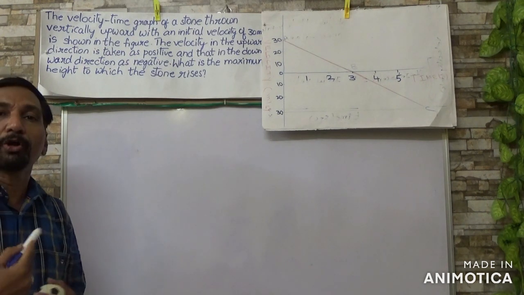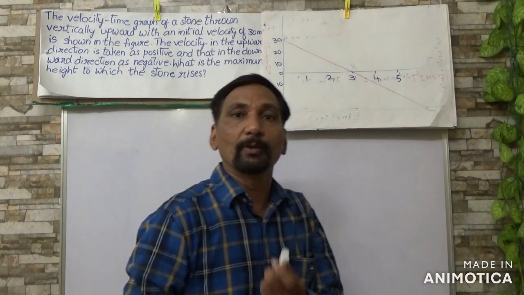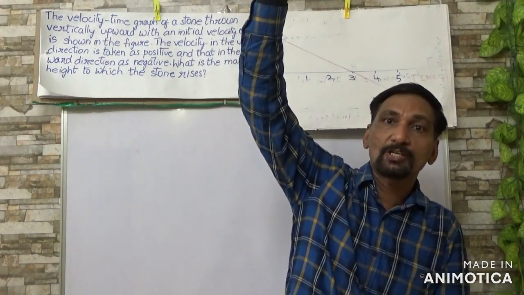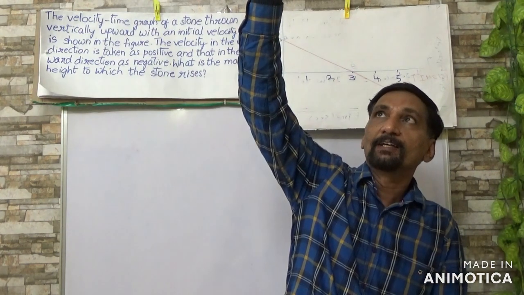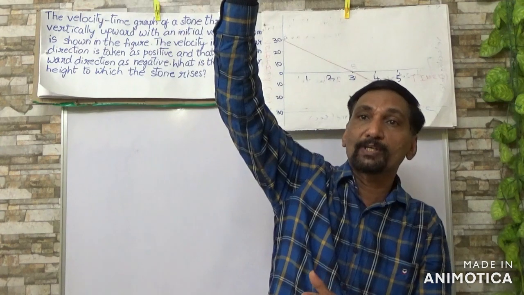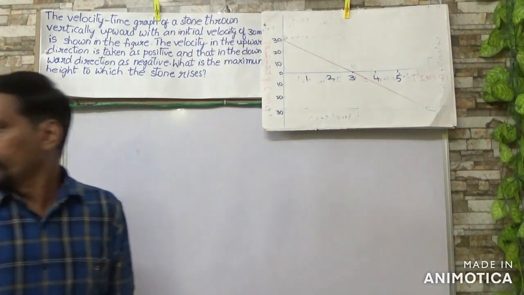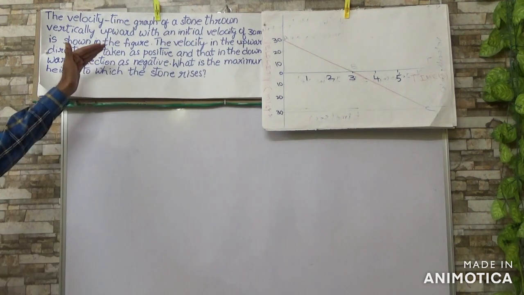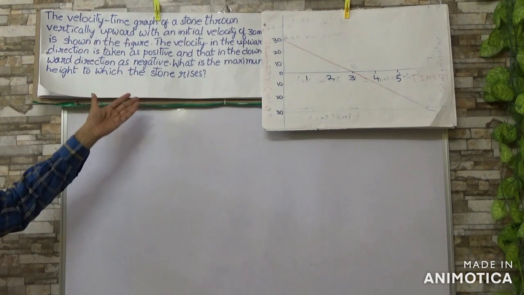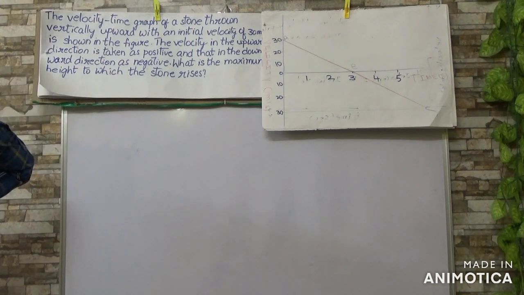Followed by it, it will be coming to the ground. When you throw a body vertically up, here it has taken 3 seconds to reach maximum height. Then the body ceases its motion, stops for a few seconds, then again comes to the ground. So the question is how much height, the maximum height that it has covered.